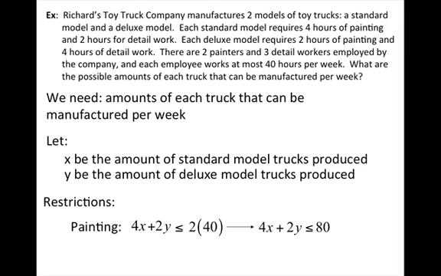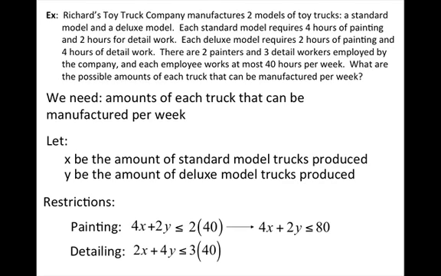Now let's look at detailing. Each standard model requires 2 hours for detail work. And if I'm producing X standard model trucks, this gives me 2X. The deluxe models require 4 hours for detail work. And I have Y as my number of deluxe models produced, so this gives me plus 4Y.